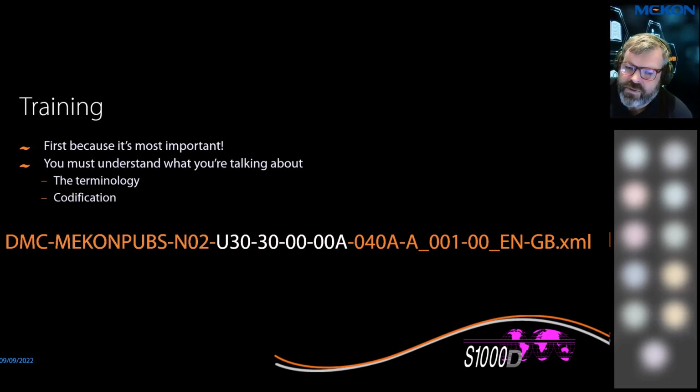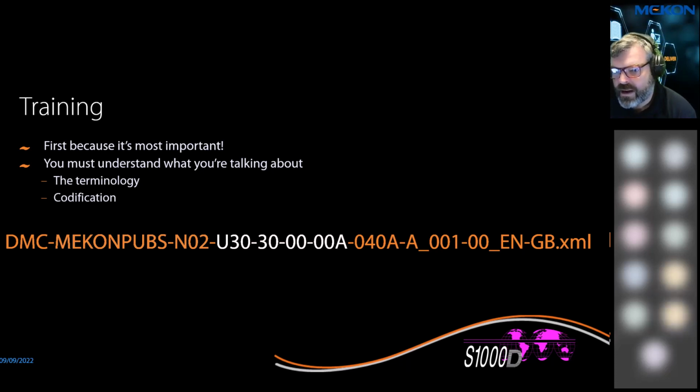And that again is what I've done here for my publication. So the U tells me it's a user manual, and then the 303000 tells me which chapter, section and subsection I'm looking at. The 00 tells me which part of information I need.